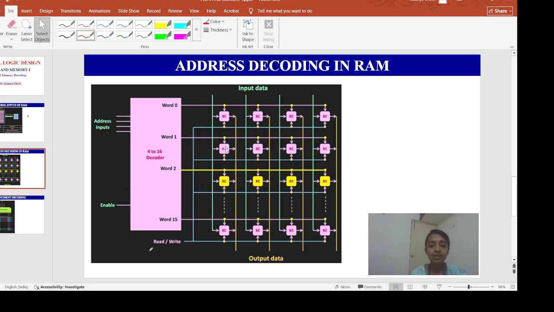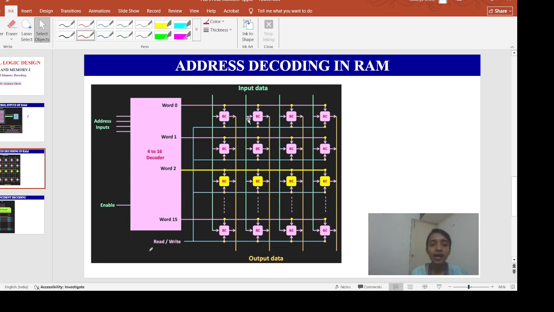This is the binary cell. This is my select line, this is my input, this is my output, and over here is the read-write signal. The select input of all the binary cells which are in the same word are connected together.